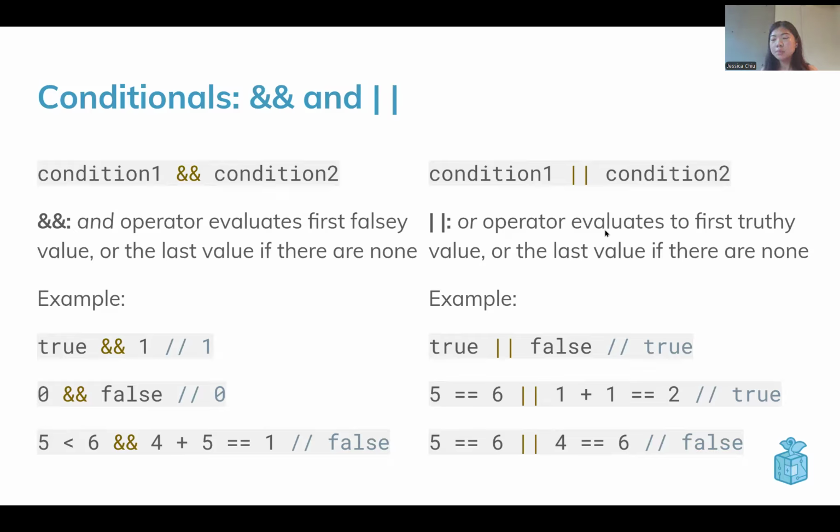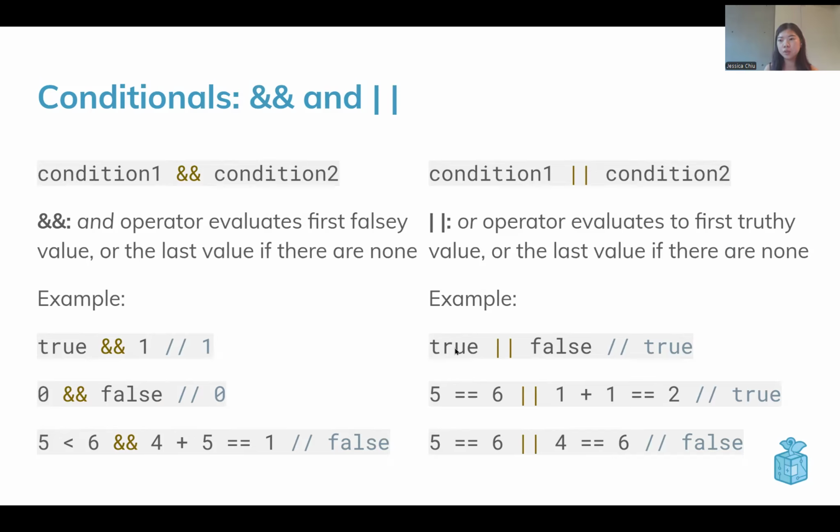Or is basically saying we just want either of these conditions to be true. Only one of these conditions needs to be true. So this one evaluates to either the first true value or the last value if there are no true values. Okay, so you can see here, the two conditions are true and false.